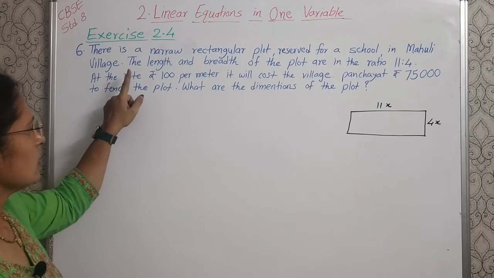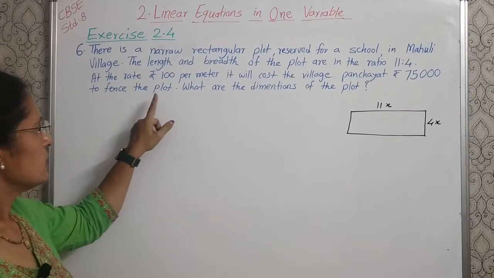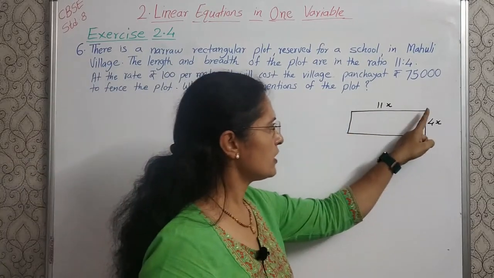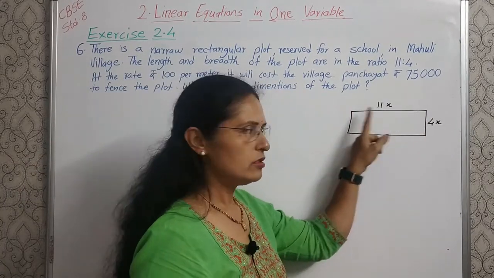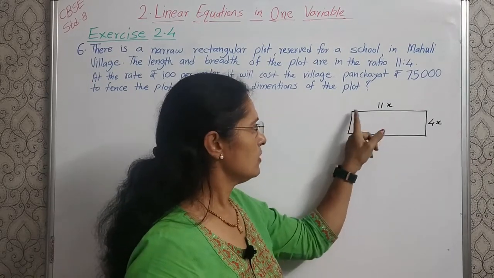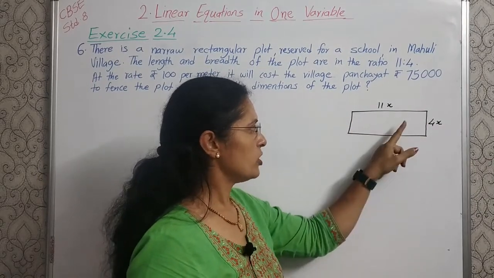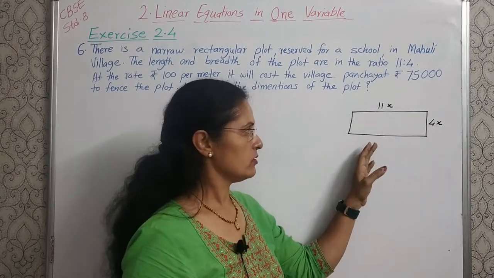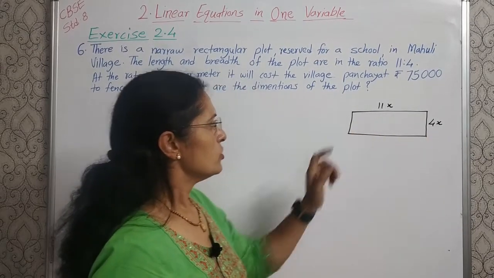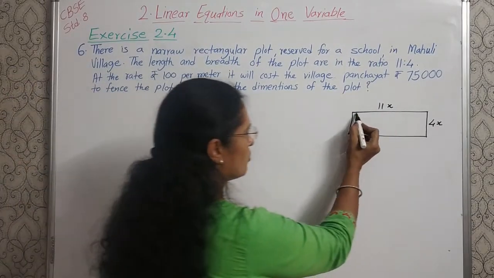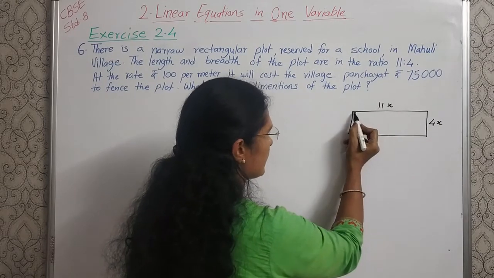Now here it is given that the plot is fenced. The fencing is done at the border of the rectangle, and the border of the rectangle is its perimeter. So first we'll find out how much is the perimeter of this rectangle.